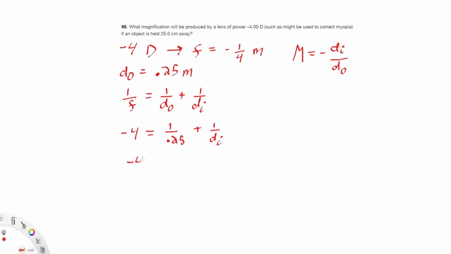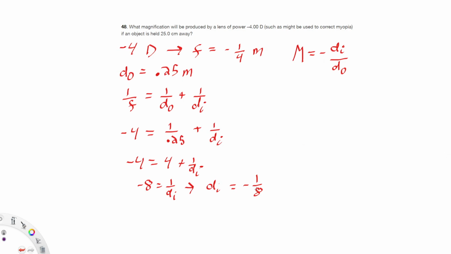So we have -4 equals 4 plus 1/di. So subtract 4 from both sides. -8 is 1/di. So the image distance is going to be -1/8.